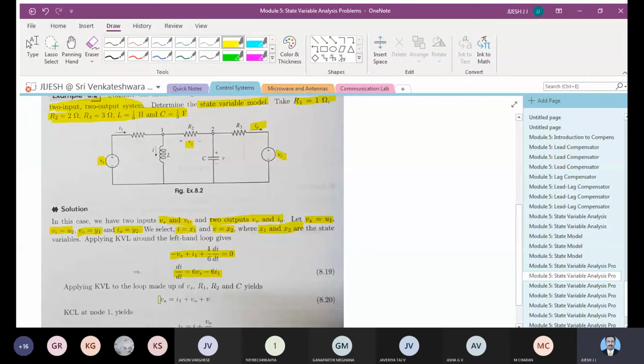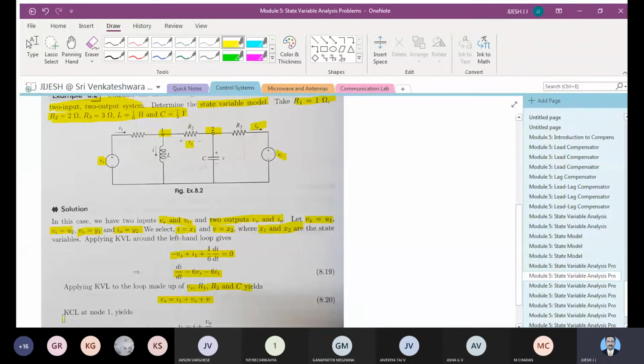Once we simplify, by applying the KVL to the loop made by V1, Vs, R1, R2 and C, we can say that Vs can be written as I1 plus V0 plus V. Similarly, you can take these nodes, node 1 and node 2.